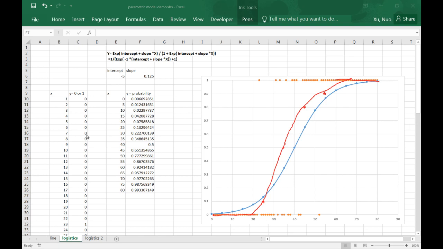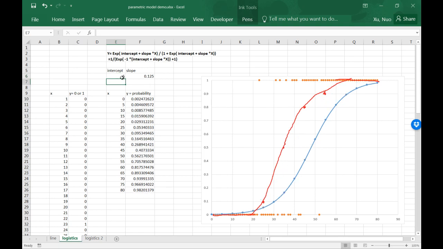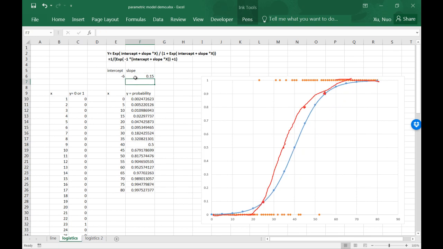Now let's try a few numbers to see if we can move the blue line a bit closer to the red ones. Close enough.